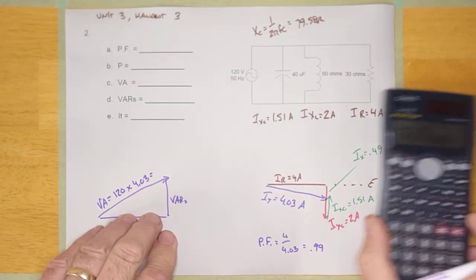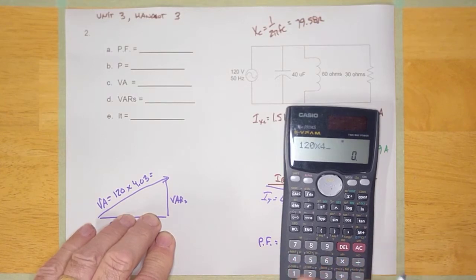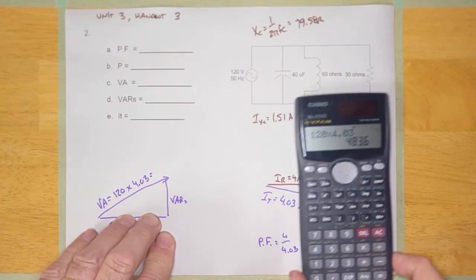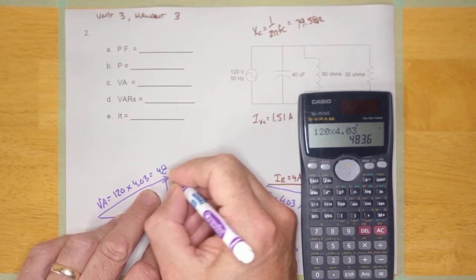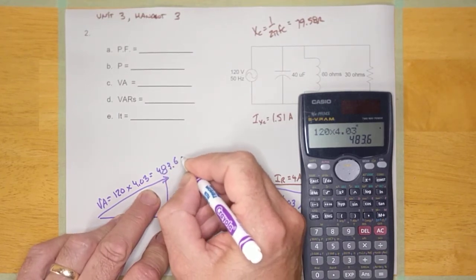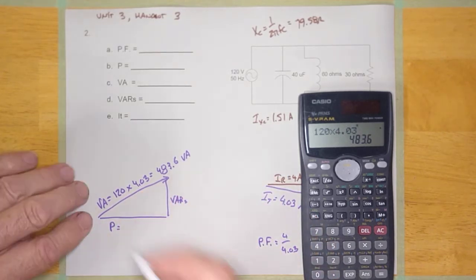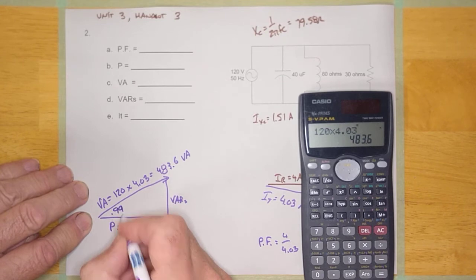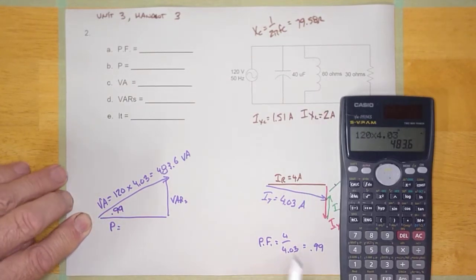120 times 4.03 equals 483.6 volt amps. Now I have to calculate these other two. My power factor is 0.99. That's why I took the time to calculate it.